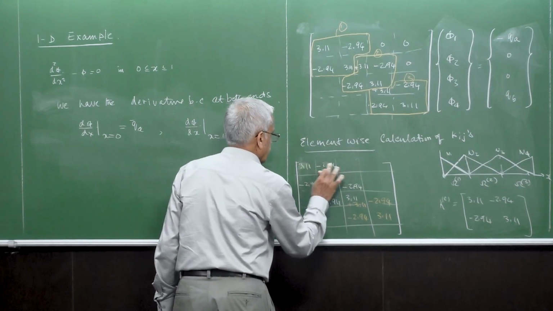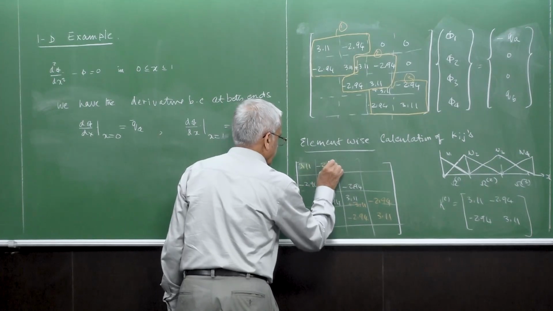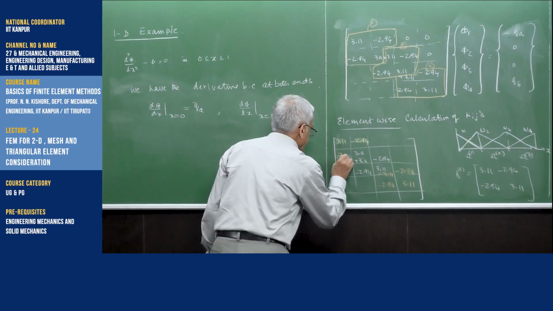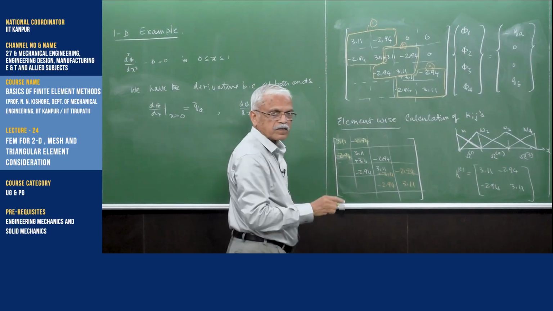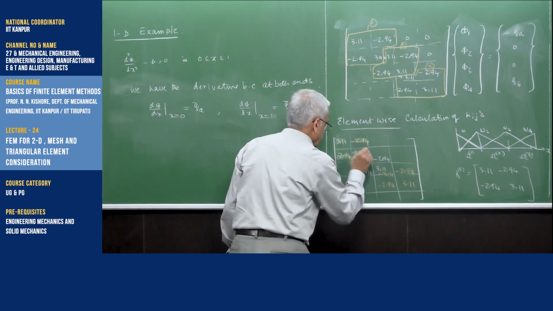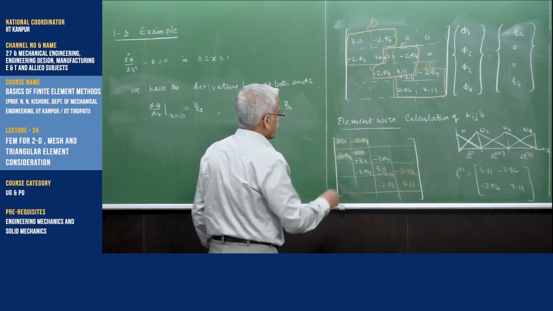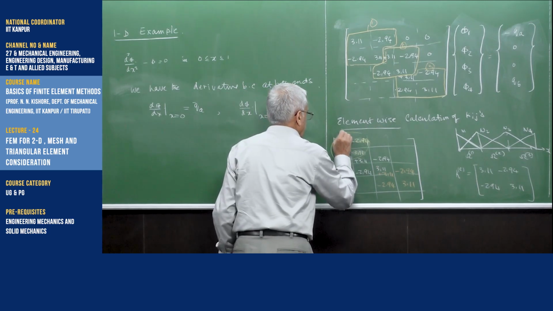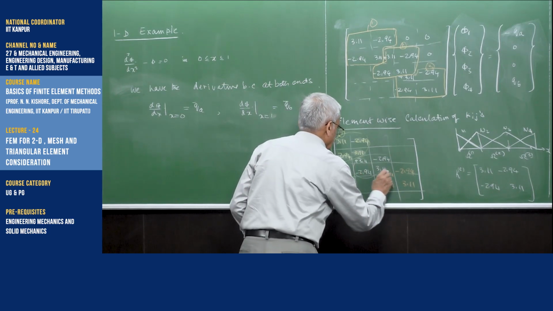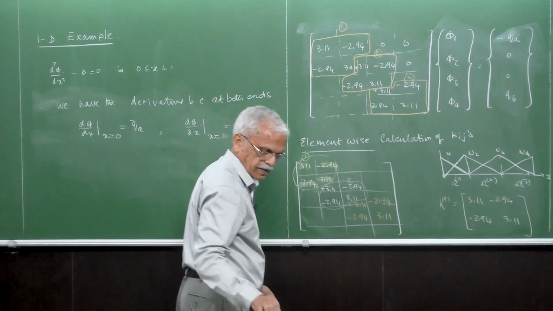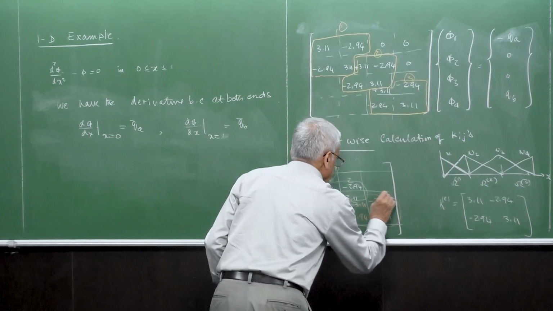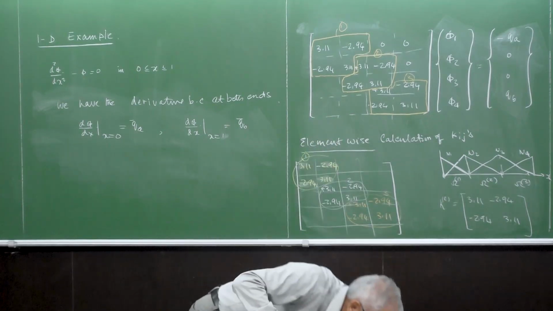Here this is contributed by element 1, this white is contributed by element 2, and this brown is contributed by element 3, right?